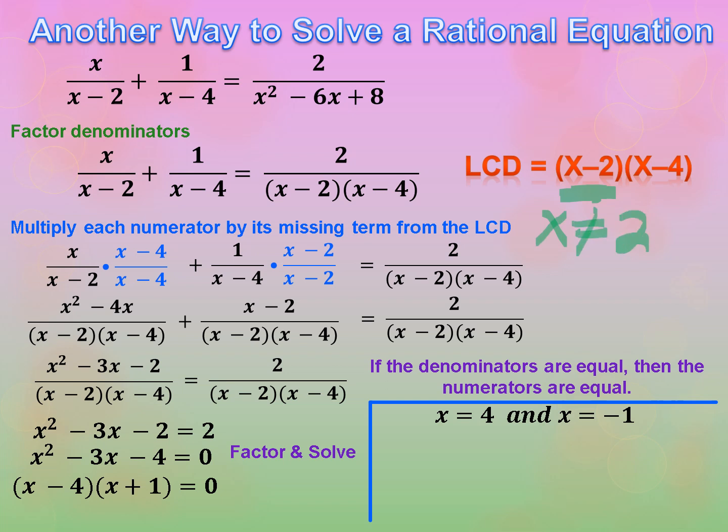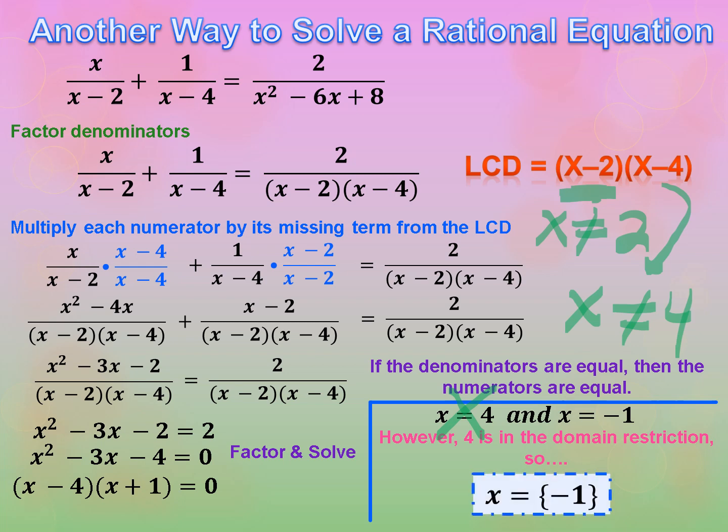So we're good there. And then this one tells me that x can't be 4. Uh-oh. So x equals 4 does not work. So our only solution is x equals negative 1, because x equals 4 is part of the domain restriction.